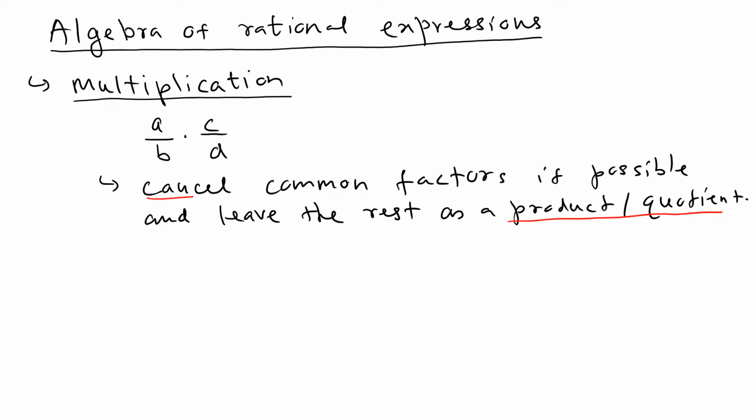So we're going to cancel common factors and leave the rest as a product or quotient. So let's look at an example.